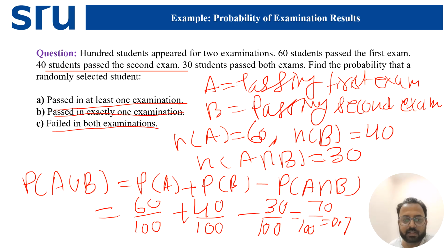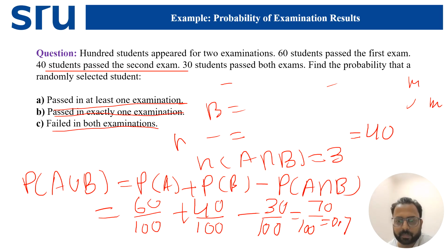Second task is passed in exactly one examination. So at least one means we have to subtract the probability of passing both examinations from each.